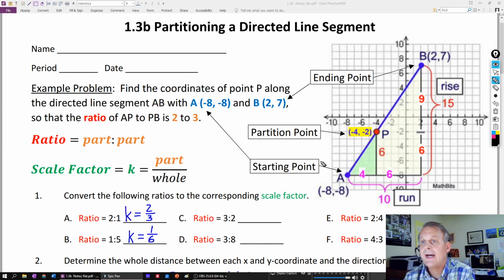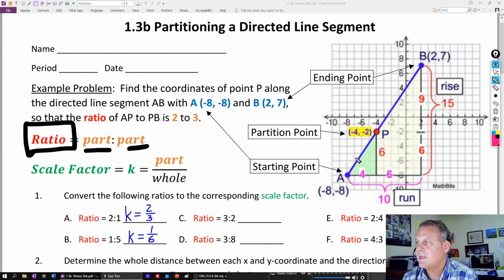Okay, so how do we do this? Well, let's start by thinking about this ratio. Like we were saying, ratio is part to part. So in this case, we had 2 parts that we are going, and then 3 parts remaining.